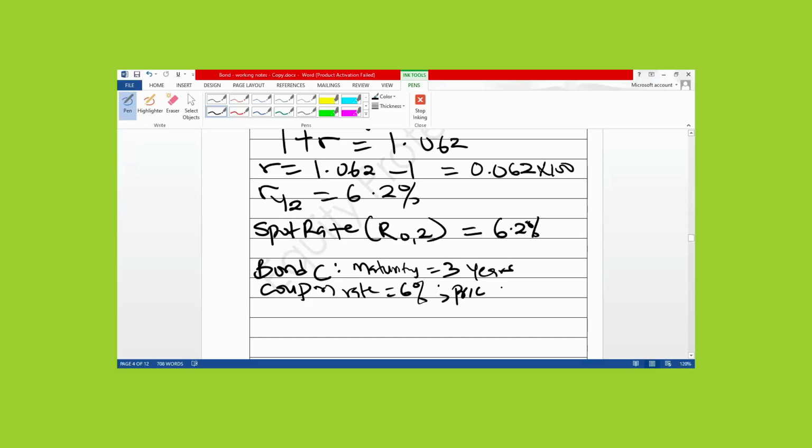Price of bond C, 98 naira. Redemption value.